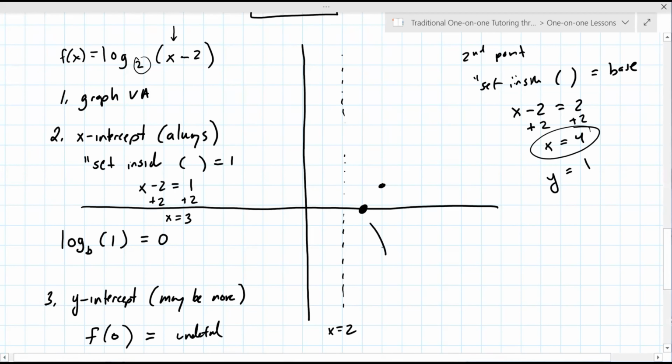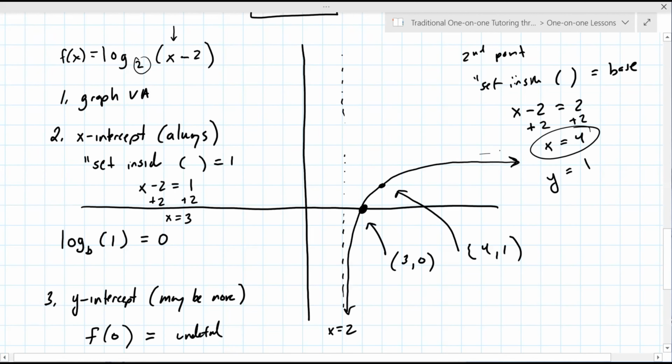So the first point here is (3, 0). And the second point is (4, 1). And then the shape of your curve has to be, I don't know what your instructor's been using, something like this.